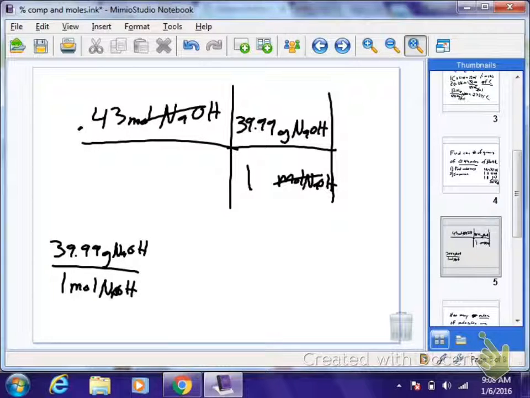So moles cancel, I end up with grams. So 0.43 times 39.99 or 40, and I get an answer of 17 grams. What decimal place should that be rounded to? Right there.